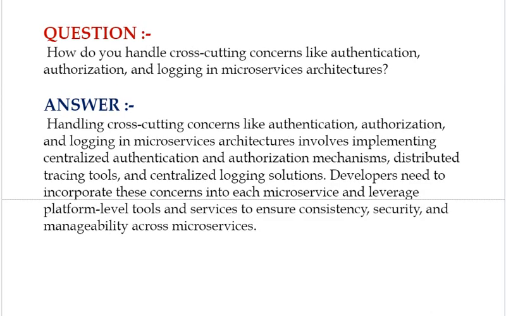Our next interview question is: how do you handle cross-cutting concerns like authentication, authorization, and logging in microservices architectures? Your answer should be: handling cross-cutting concerns like authentication, authorization, and logging in microservices architectures involves implementing centralized authentication and authorization mechanisms, distributed tracing tools, and centralized logging solutions.